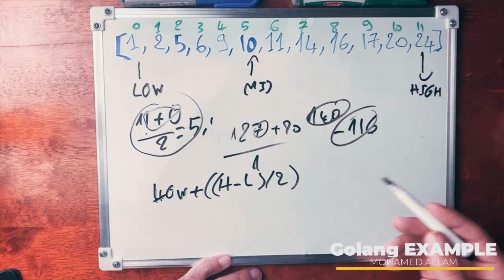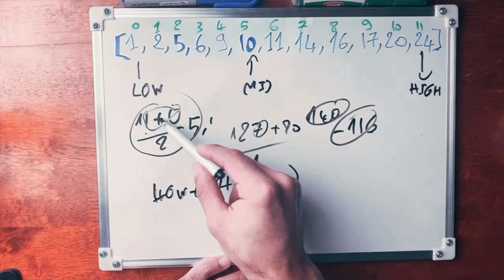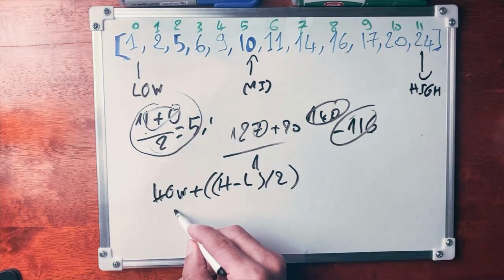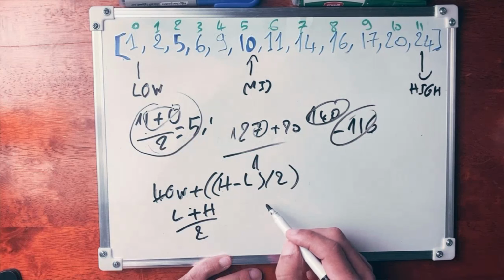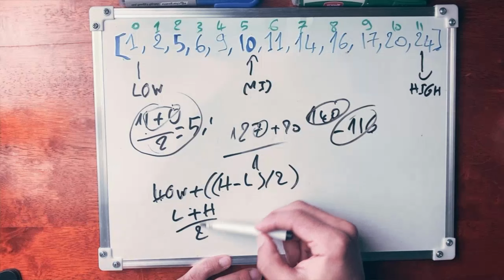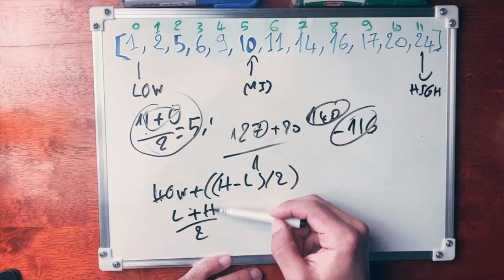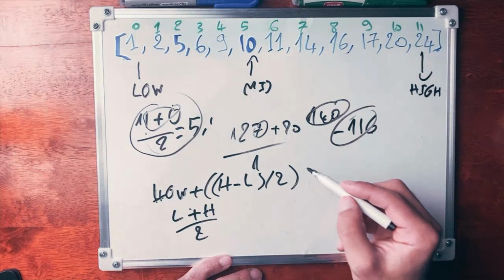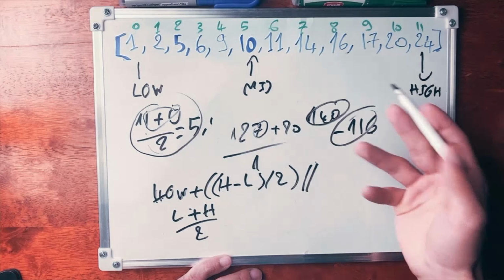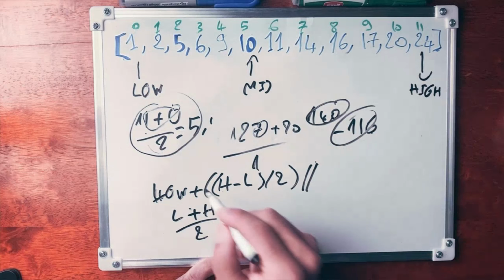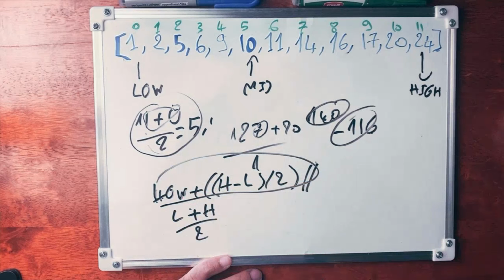This and this give the same result, which is low plus high divided by 2. While those give the same result, they are different in that this one protects you against integer overflows, okay? And this is the right way to do this.